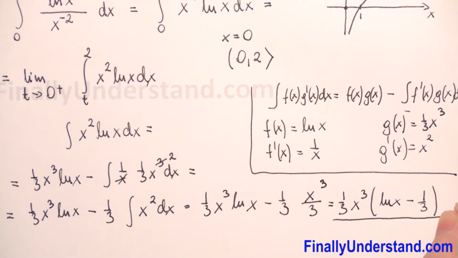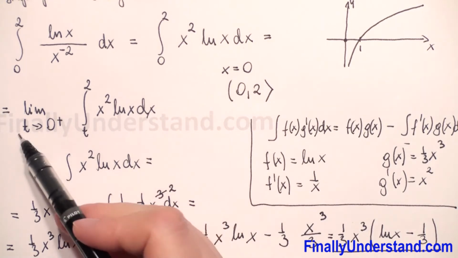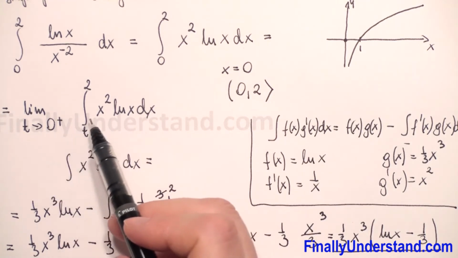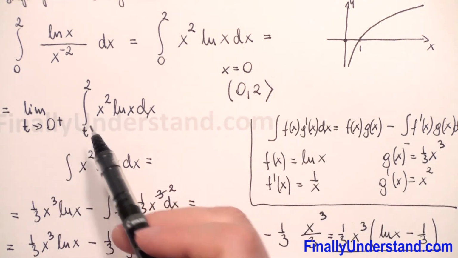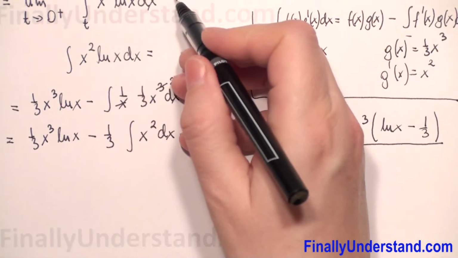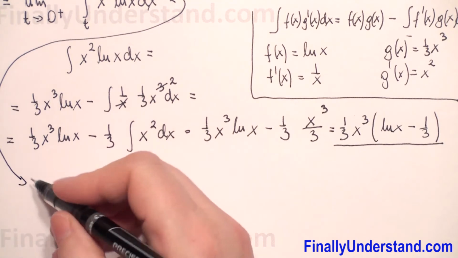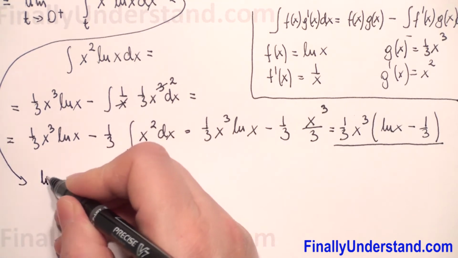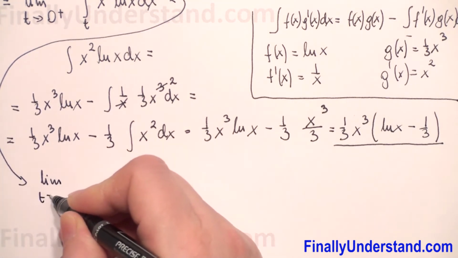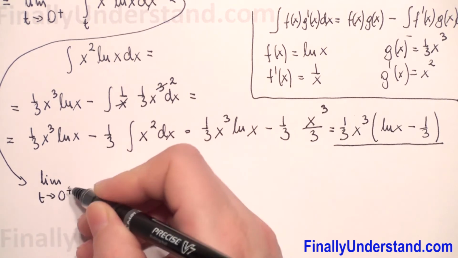So we solved our integral. Now we have to come back to our limit of definite integral. So this is equal. We have to copy limit. t goes to 0 from right.